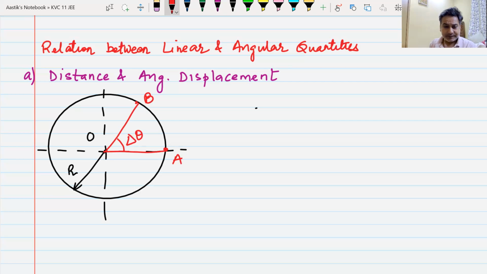Do we understand this? But at the same time, if you look, he has traveled some path from A to B. The length of this path is known as what? If I calculate the length of this path, that will give me what?